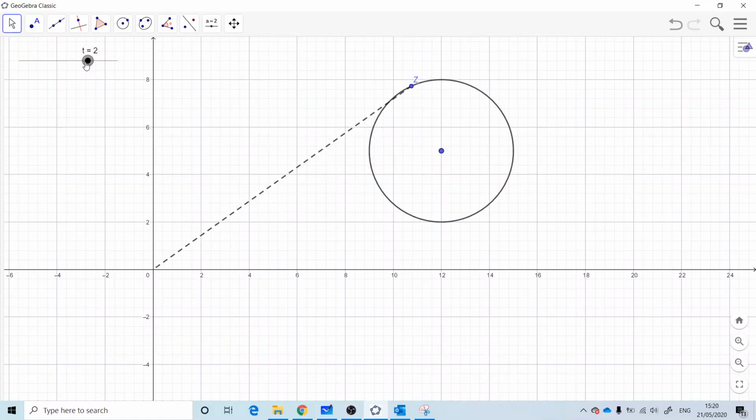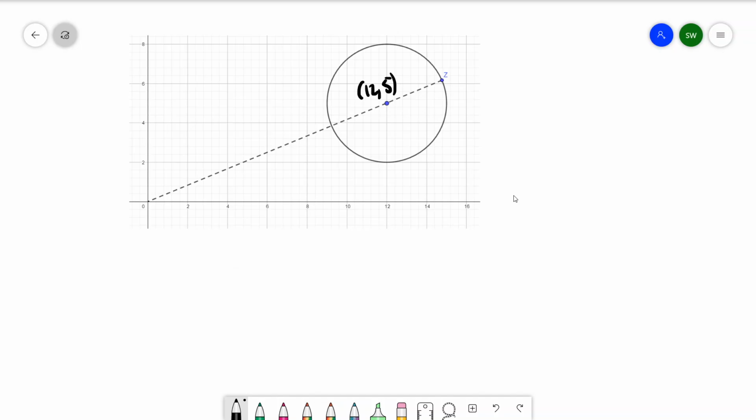We can do a similar thought process with finding the maximum value of the modulus of z. We want the point on the circle where z is as far away from the origin as possible, because that'll be the maximum value for the length of this dotted line. And we know that's going to happen when the line to the origin passes through the centre of the circle, because of the theorem that we looked at at the start. So we're working out the length of this entire dotted line.